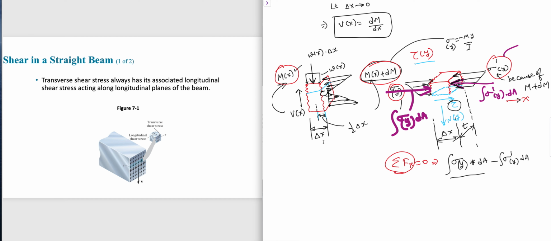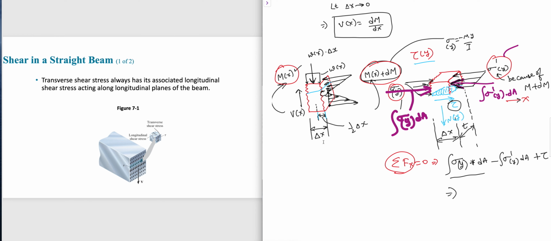It is nothing but plus shear stress times area. This cross-section area on which shear stress is acting is delta x times t. Now this has to be equal to 0.